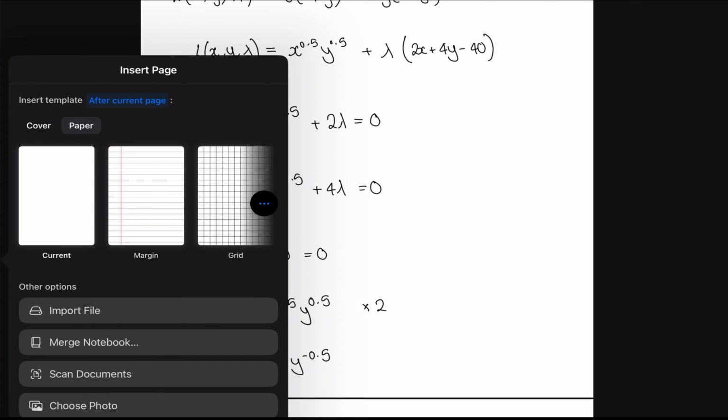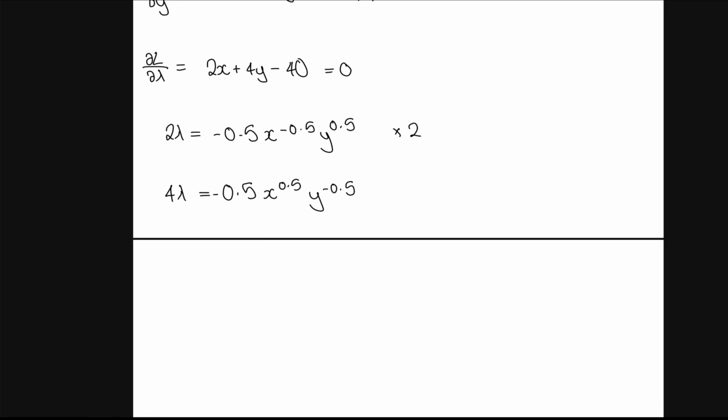If we now times the first equation by 2, so that we get 4 lambda over here, and then equate the two sides together, we will get minus x to the power of minus 0.5, y to the power of 0.5 is equal to minus 0.5 x to the power of 0.5 and then y to the power of minus 0.5. Hopefully you can see how I did that.